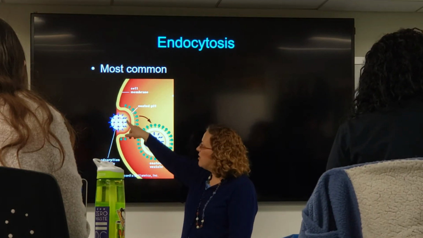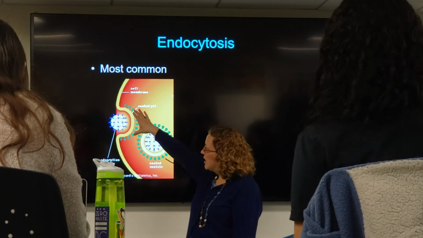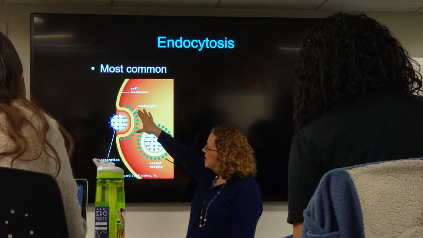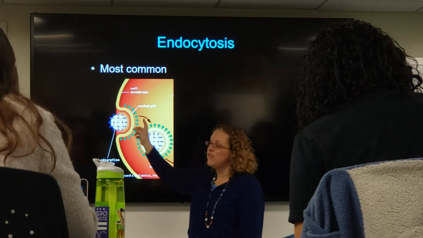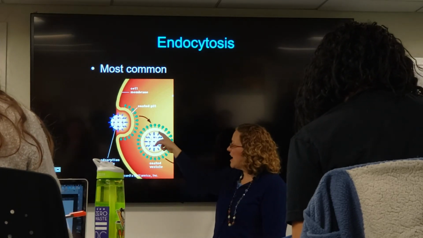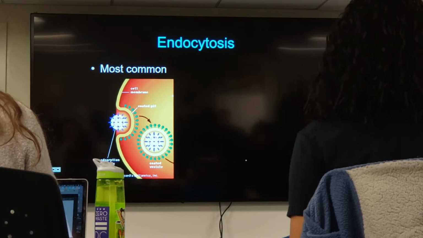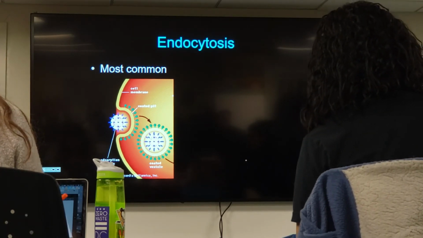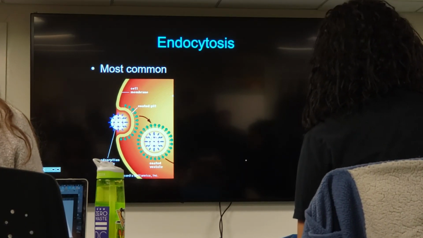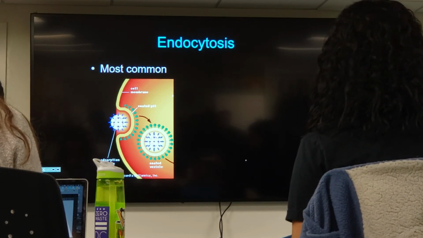We have our virus particle here that's sort of infiltrating that membrane, causing this indentation in the membrane, and this part of the membrane sort of pinches off, and now we have our virus inside the clathrin-coated vesicle on the interior of the membrane. Again, we know that this requires ATP, so this requires that the cell be metabolically active. You couldn't do this in a cell that is not metabolically active.